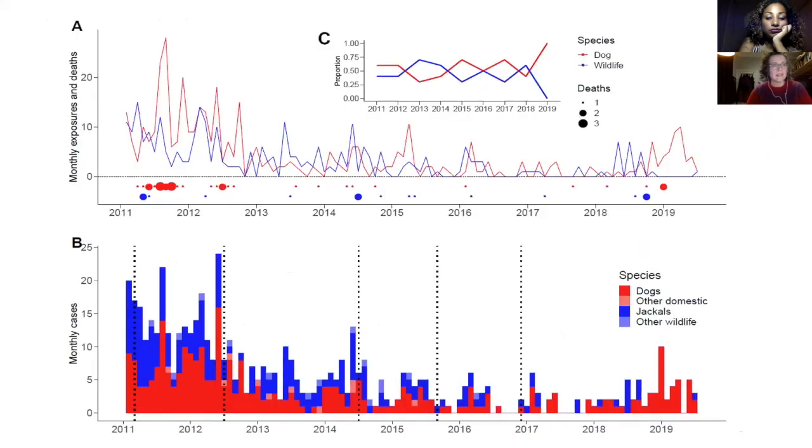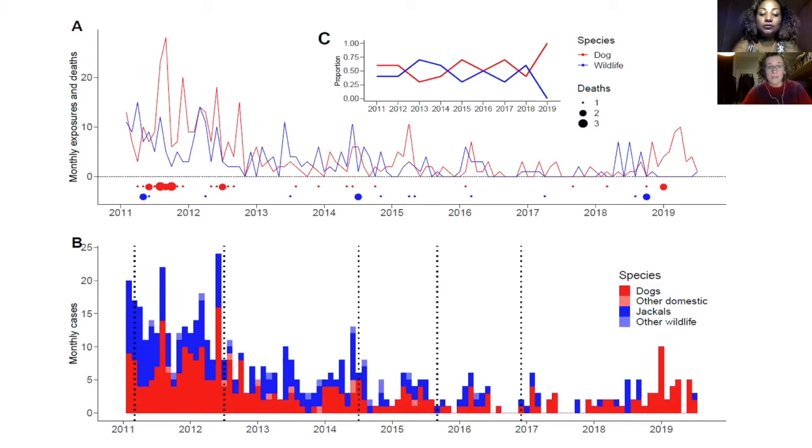In the same way, there were dog vaccination campaigns implemented across this area over a 5-year period. And here we saw a big decline in both jackal and dog rabies cases over several years, and we attribute that to dog vaccination.